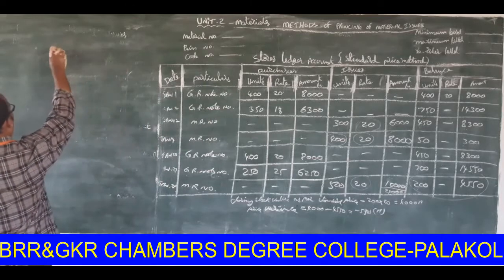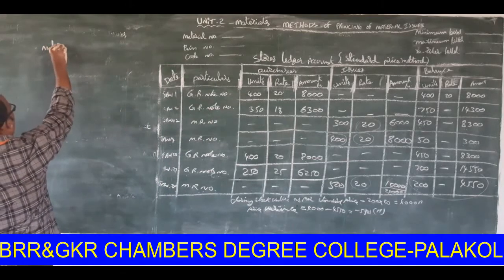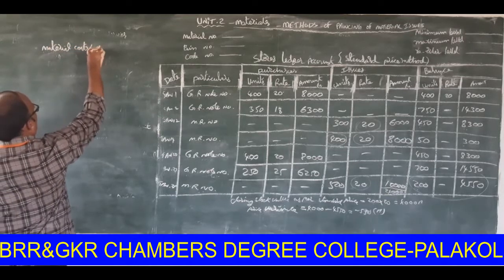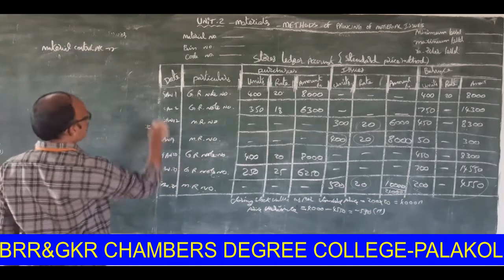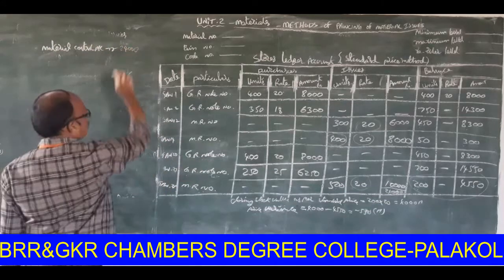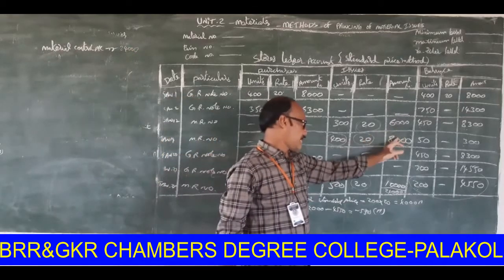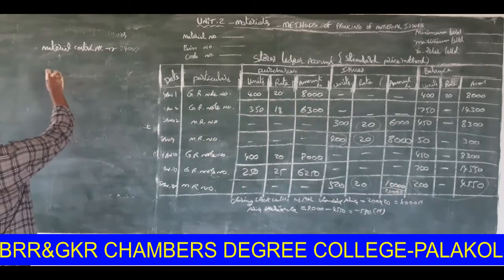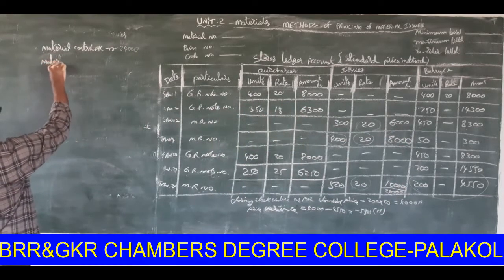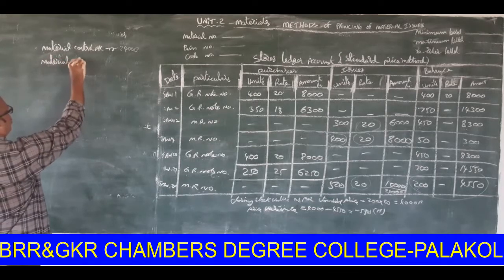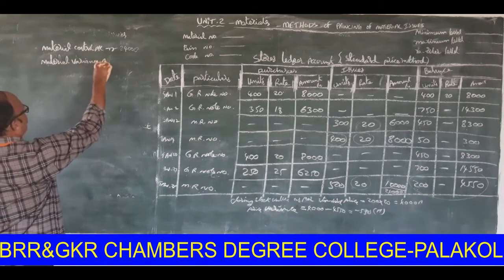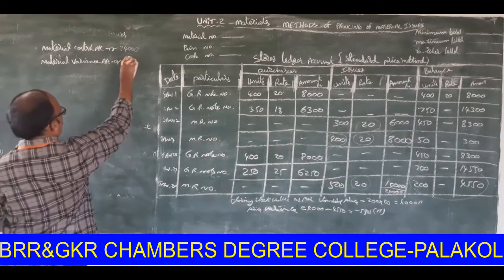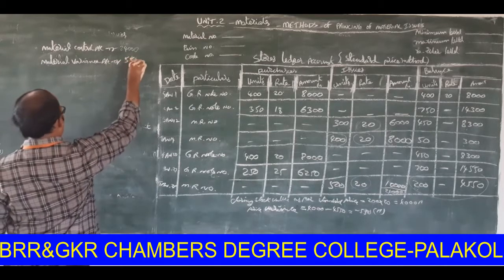First one, material control account debit. How much? 24,000, that is 6,000 plus 8,000 plus 10,000, 24,000. Next one, material variance account debit, 550.